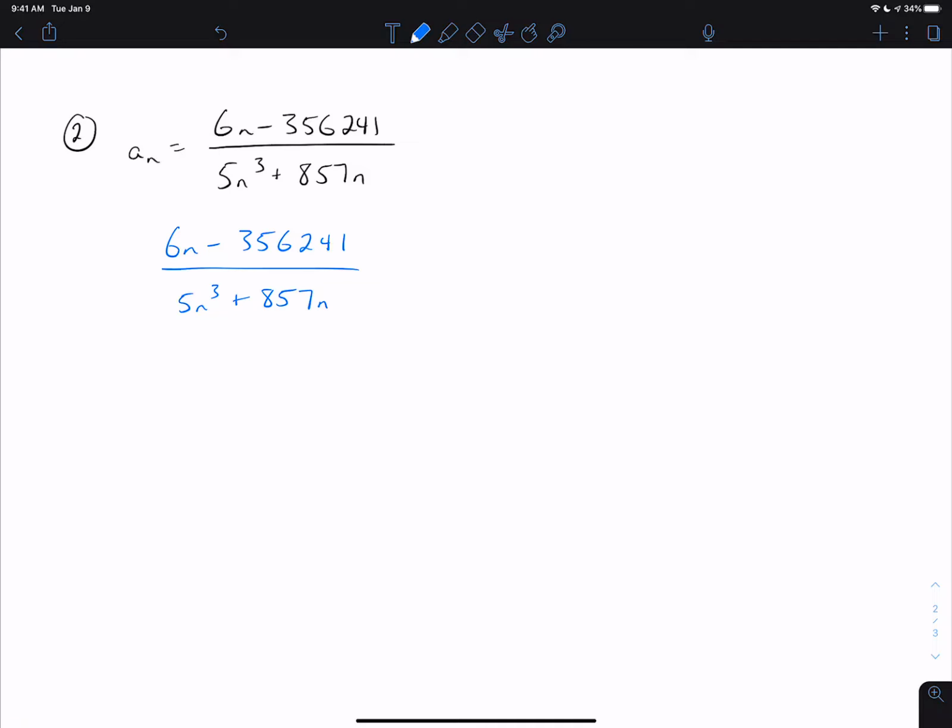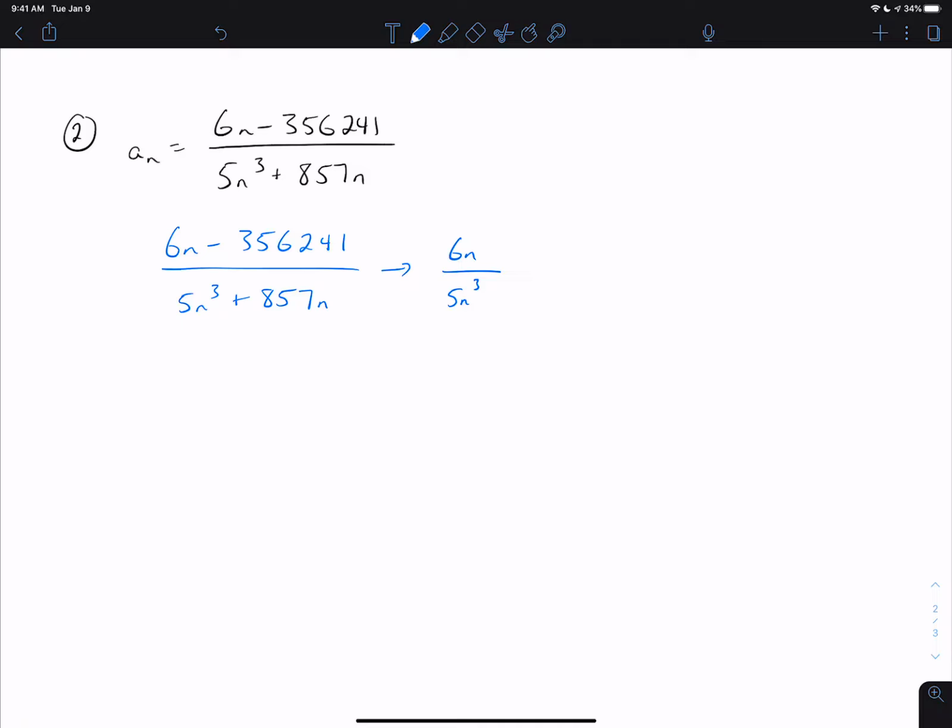We could have that number with 100 million zeros after it, and then we're multiplying by 6. n is approaching infinity, so it's so much bigger than the other one that, again, the comparison is more ridiculous than the comparisons of the decimals we were talking about before. So the top approaches 6n as n approaches infinity. The bottom approaches 5n cubed. And 857n does get very large, but nowhere near as large as 5n cubed gets.